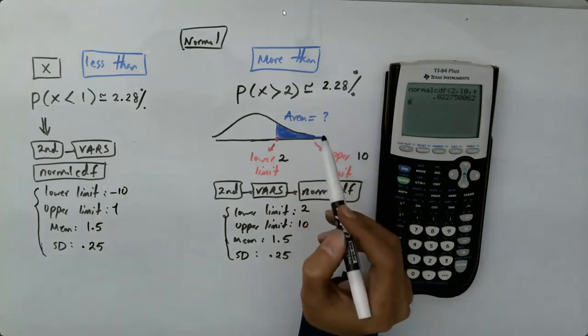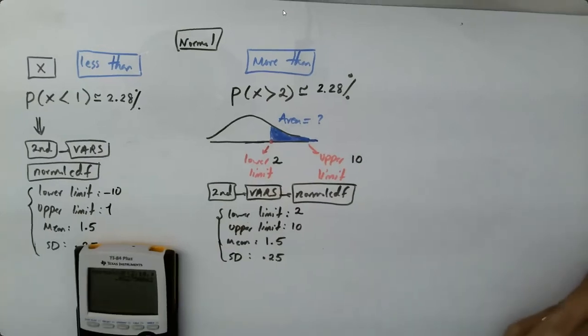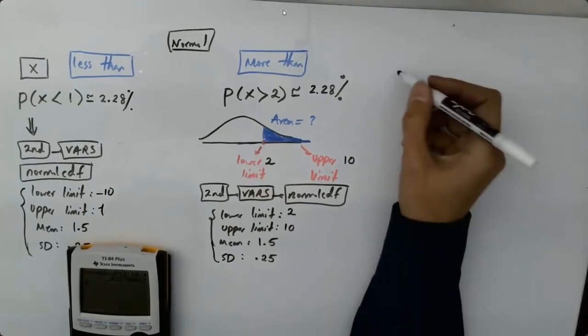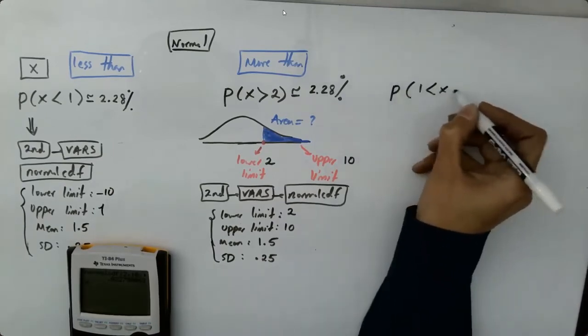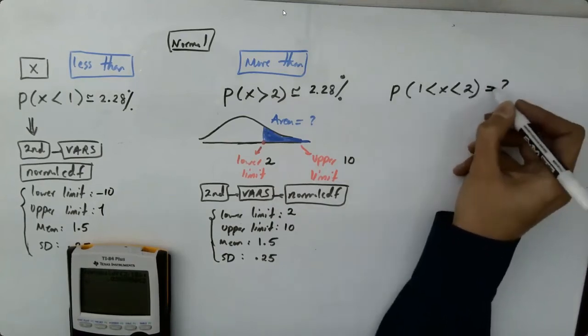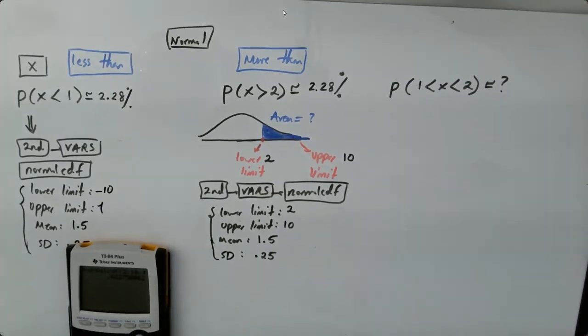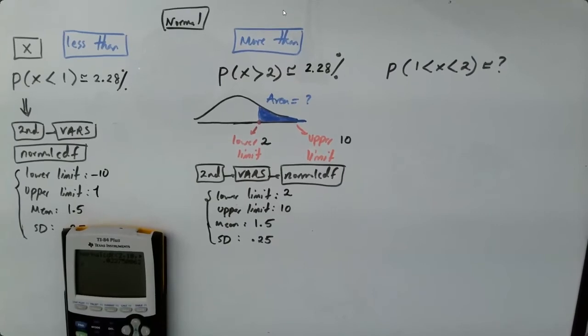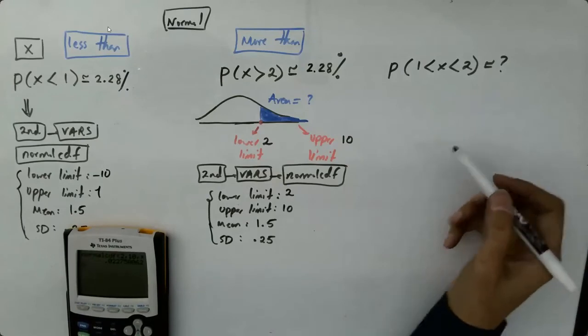Another question. What is the probability that they keep their phone between 1 to 2 years? How do we calculate the probability in between 2 numbers? Thank you, Juliet. Very good. So what do we have here? Thank you, Beth.